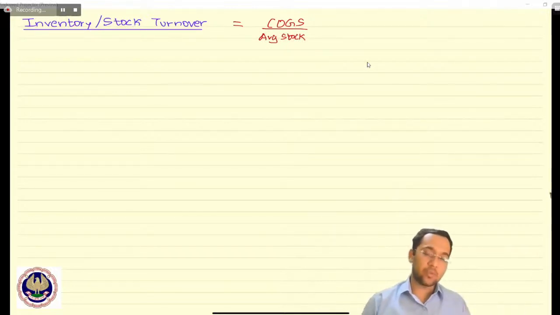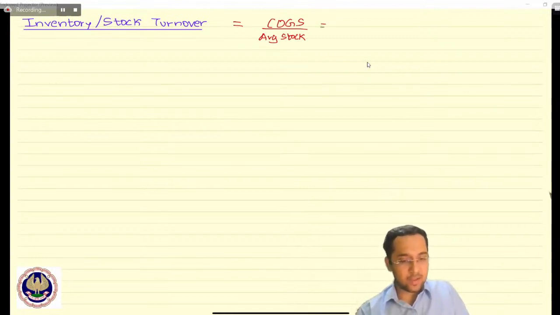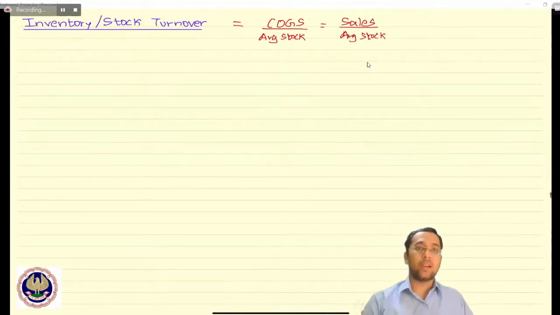Sir, what if cost of goods sold information is not available? If in the question you don't have the COGS information, then in the absence of information, we can take it as sales upon average stock.